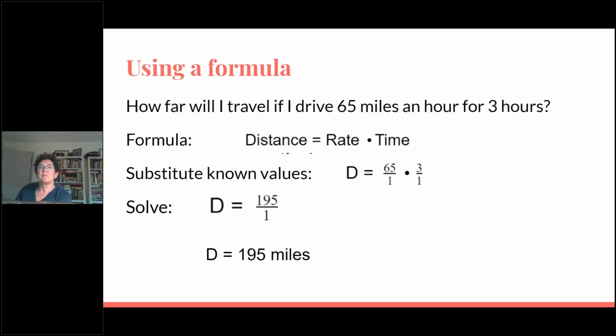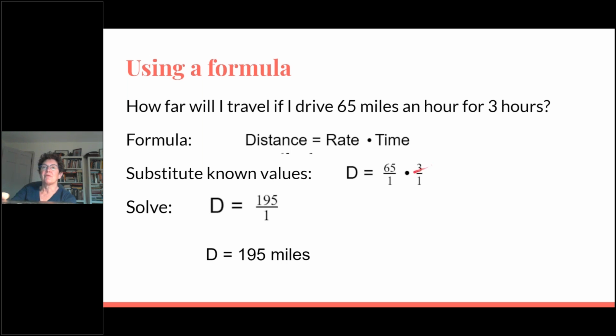And what unit were we using? Miles. It was asking us for the distance, so it makes sense that our answer is in miles. The reason that actually works is that we have 65 miles divided by 1 hour, and 3 hours here.